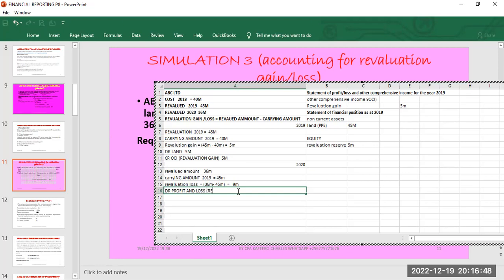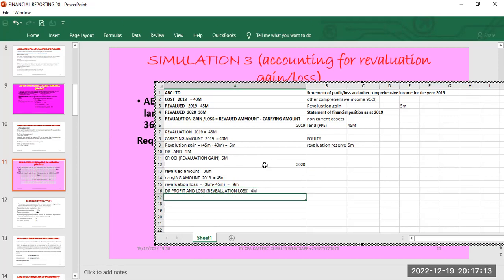And this one is going to be our revaluation loss, but here we are taking only the excess. It is 9 million minus the 5 million, which is here. It means we are only taking 4 million.